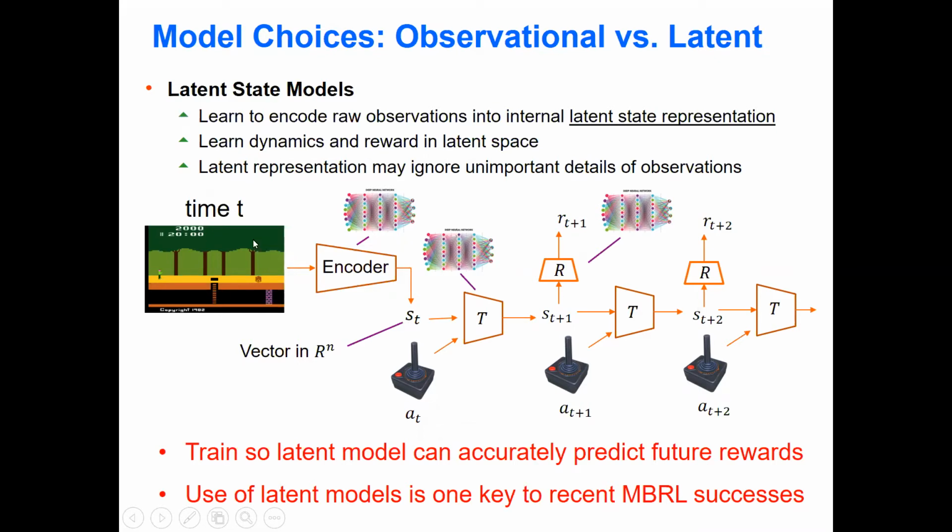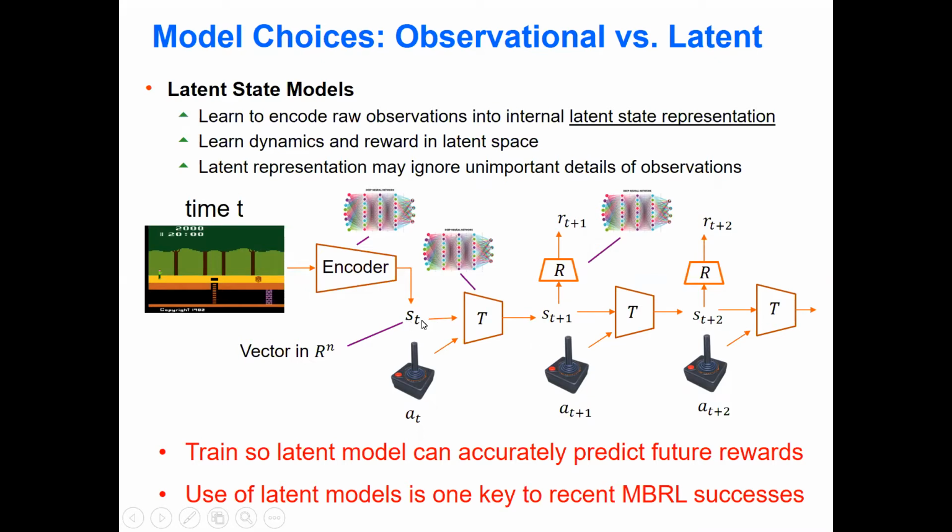So we have a way of jumping from our observations in the real world to states. That lets us translate from the real world to our internal world in order to take actions when we want to. But you might as well be planning in this latent space if you can predict rewards accurately. This idea of learning latent representations seems extremely difficult because you're really not given any supervision on these latent representations.